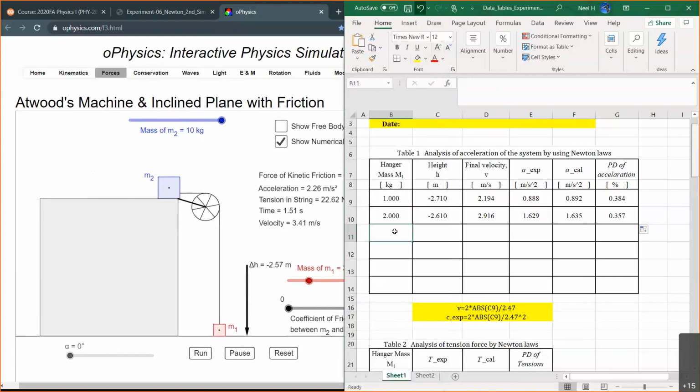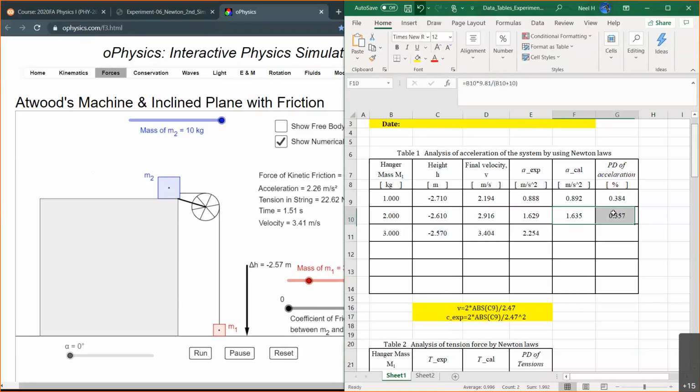Only the time and h, right? Those are the numbers we need. Mass 3 kilogram, height is minus 2.57. Let's do this calculation then. Equal sign 2 times ABS parentheses 11 divide by the time 1.51, and then this one is 2 times ABS parentheses 11 divide by time to the power 2, 1.51 to the power 2.